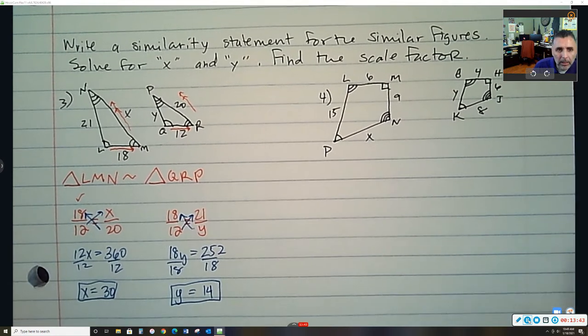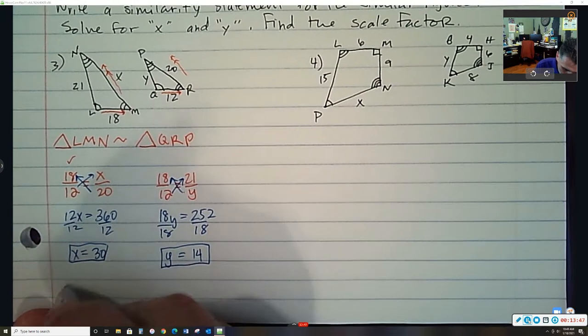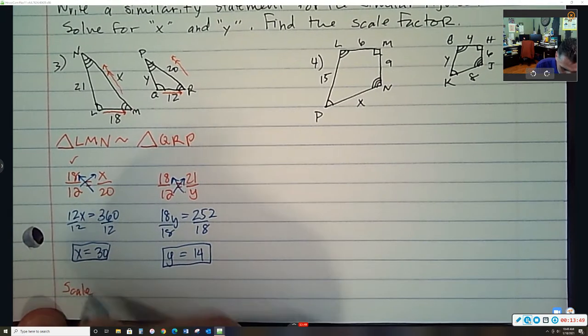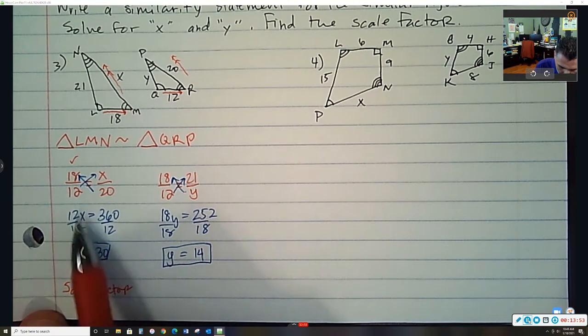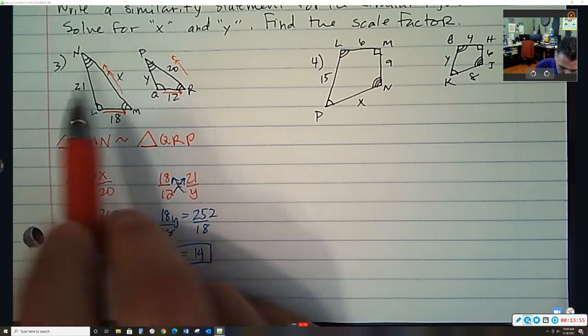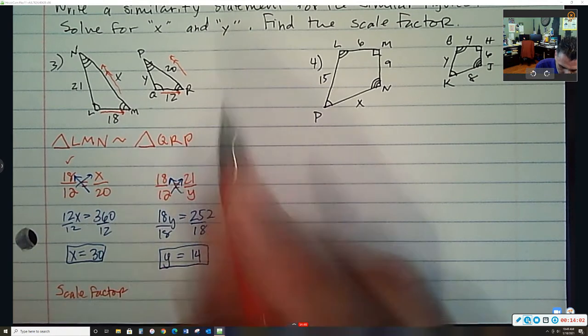And the last thing we had to find was the scale factor. And the scale factor is easy to find. You can take and write a fraction out of the two proportions, 18 and 12.